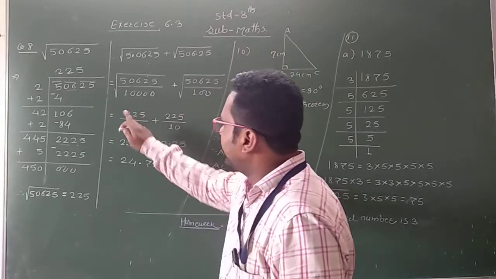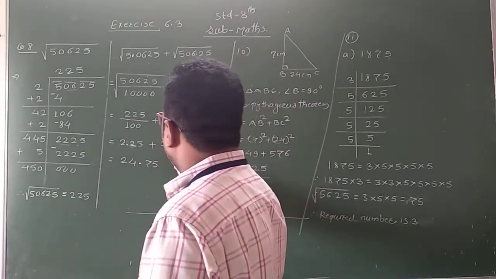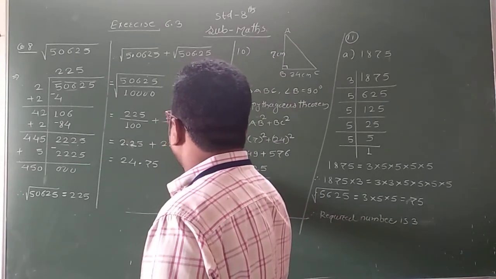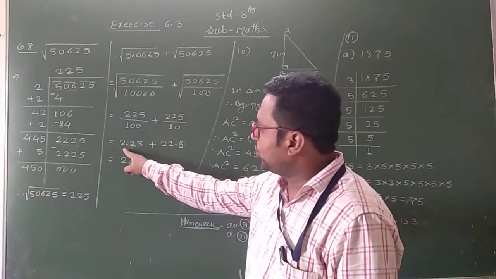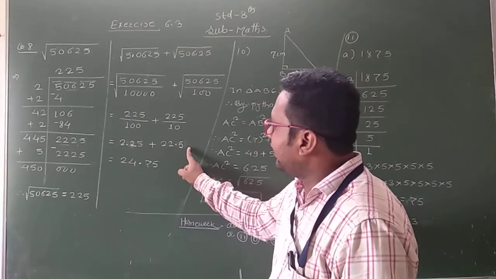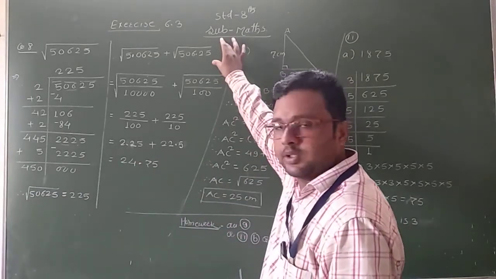After 2 digits, we put the decimal point. And 225 divided by 10, we put the decimal point after 1 digit, and we get 22.5. Doing the addition of these two numbers, 2.25 plus 22.5, we get 24.75. This is the sum of these numbers.